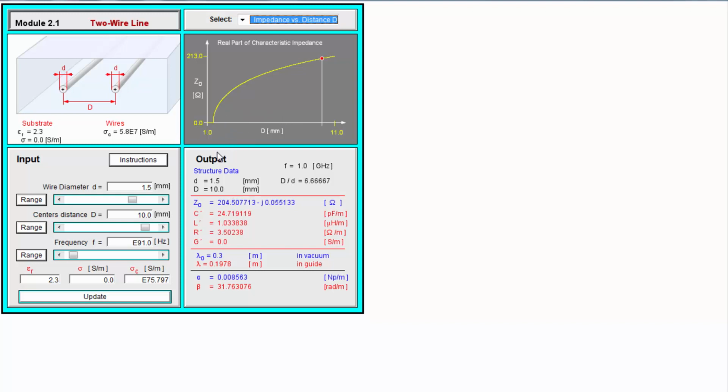and how it varies with several parameters, like for example here in case of the two-wire line, we will see how the characteristic impedance varies with the diameter of the wire, the conductor itself, and the distance between the two wires, and also the frequency of the electrical signal or the electromagnetic wave which is applied to travel through these transmission lines.